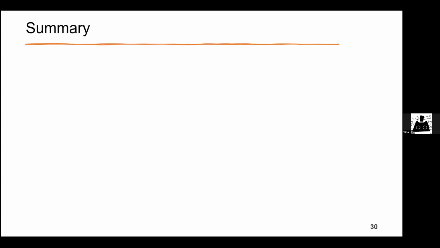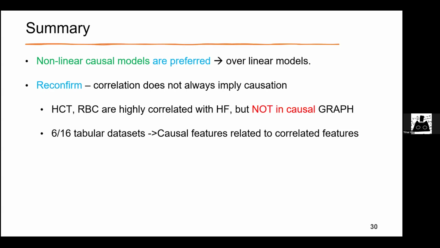At the end, we summarize our study as follows. First, we find that causal models for nonlinear relationships are preferred over linear models. Second, we reconfirm that correlation does not always imply causation. In the heart failure dataset, HCT and RBC are highly correlated with heart failure, but not in the causal graph.